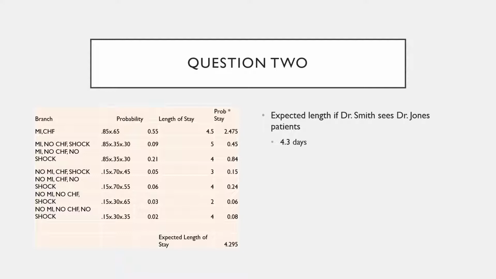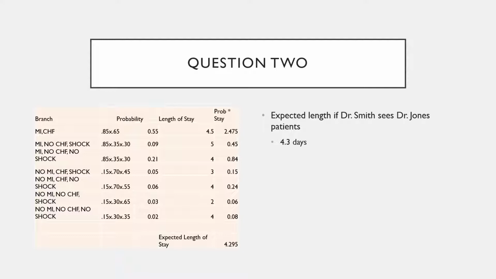For the second part of the question, we will look at what the expected length would be if Dr. Smith sees Dr. Jones' patients. To calculate that, we find all the similar routes that both doctors share, and we then use the probabilities Dr. Jones had on his tree for Dr. Smith.